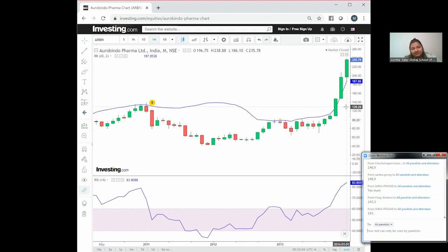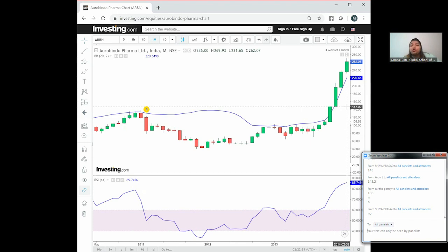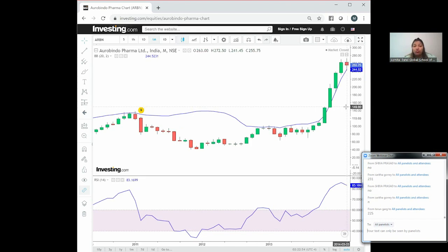What is the high of this candle, everyone? 148.95, right? Ravinder, 148.95. Lakshmi, good. So what is going to be your buying price? 148.95 will be your buying price.